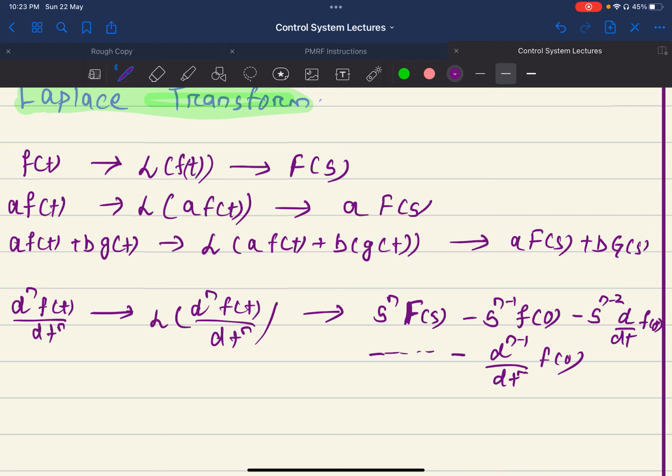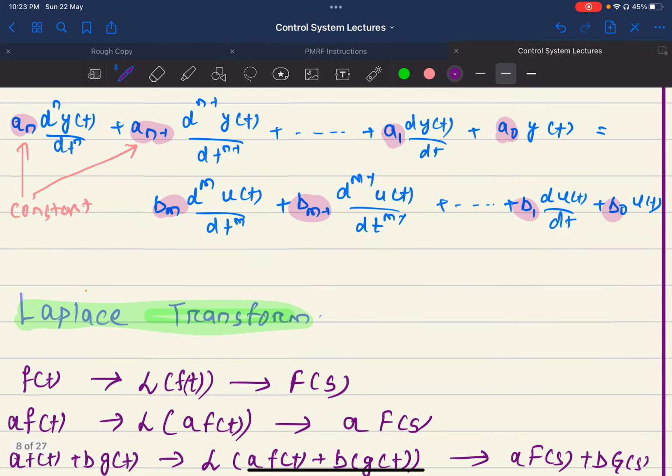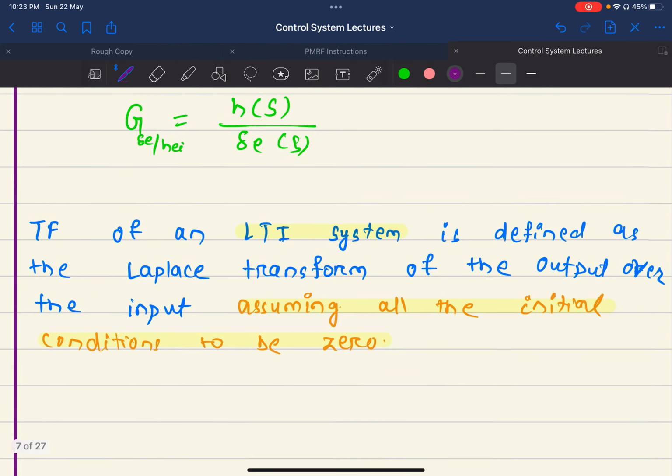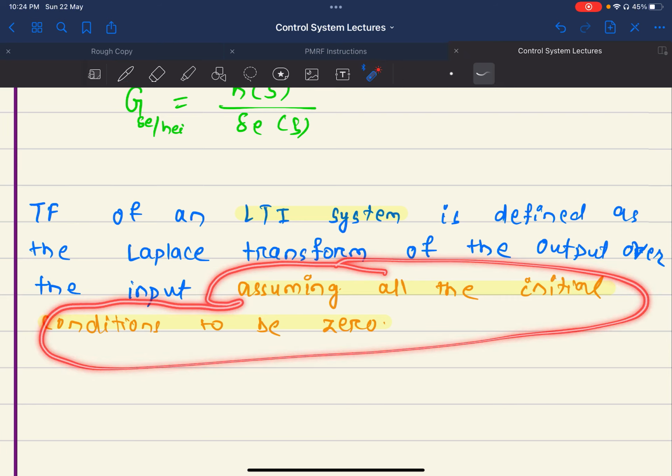For our case, for the Laplace transform definition which we mentioned, just look at this term, assuming all the initial conditions to be 0.